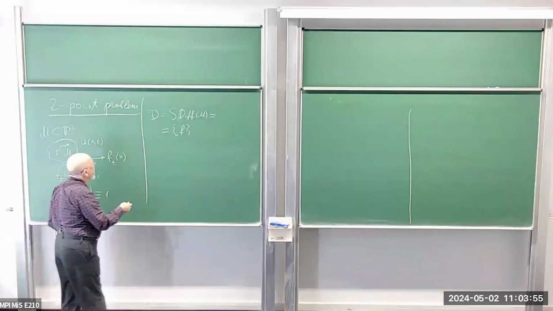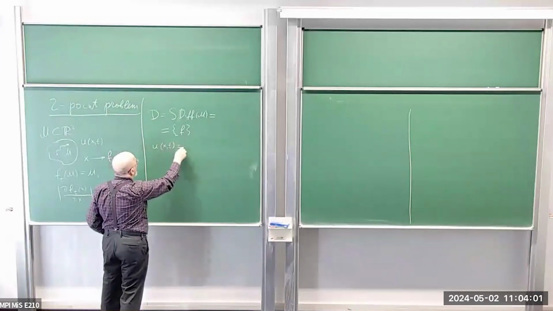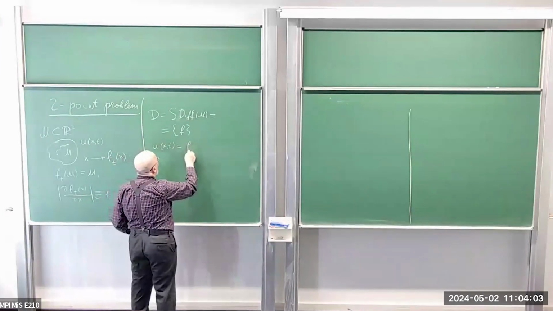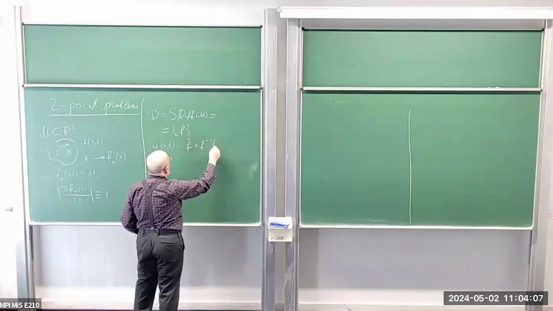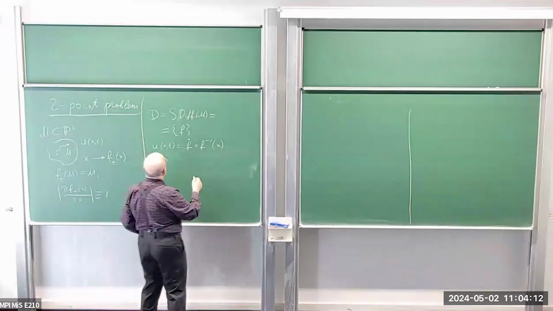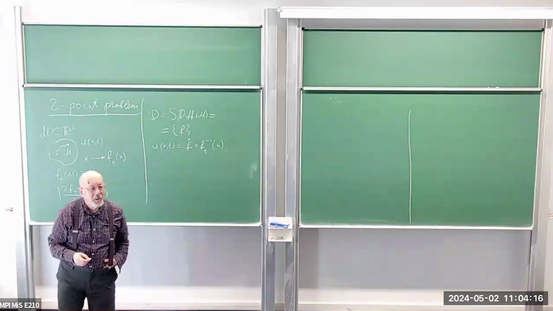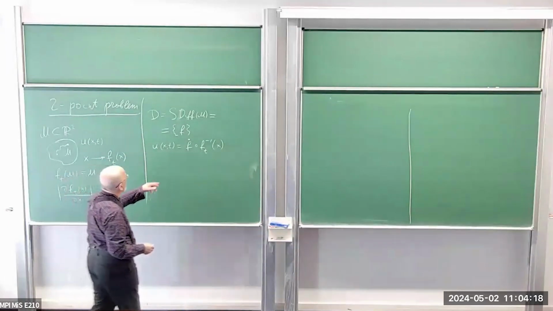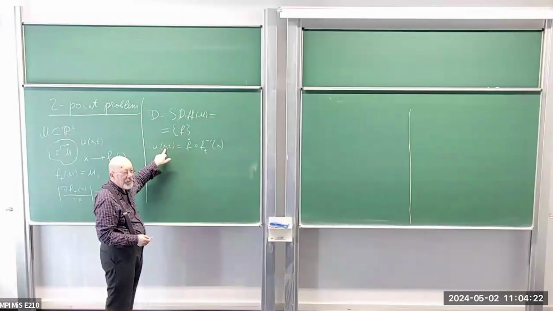Now, u of x, t equals f_t dot, yeah, so it is the velocity of the particle which at the moment t is at the point x.